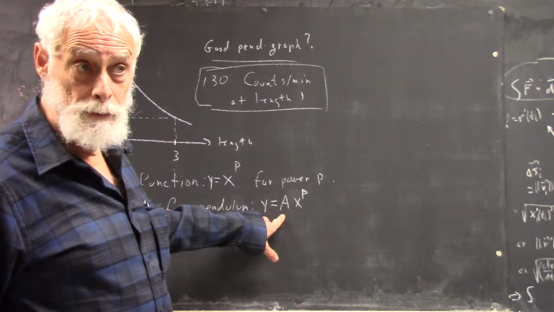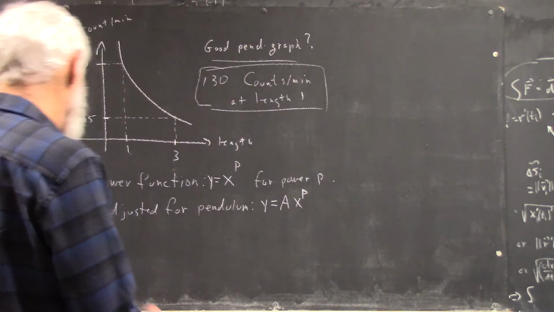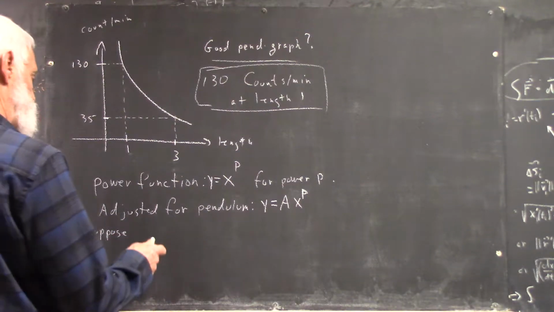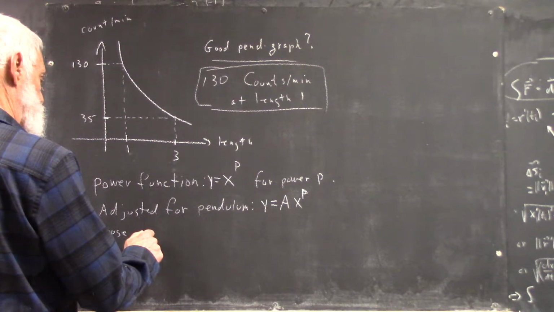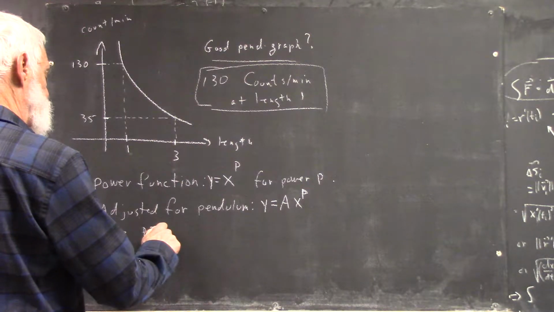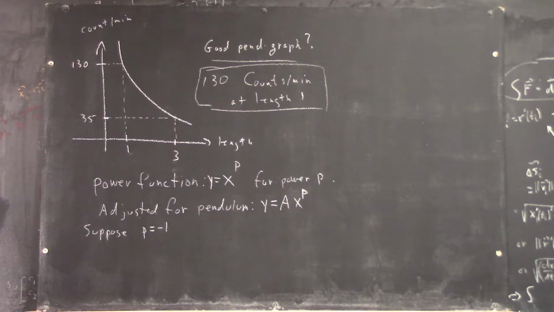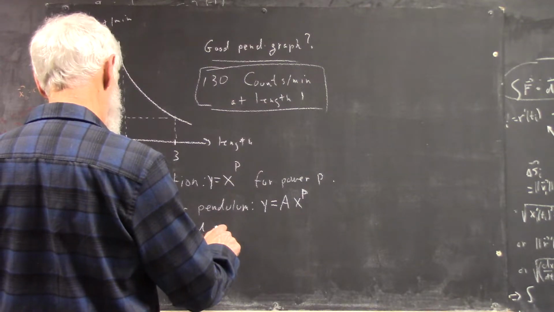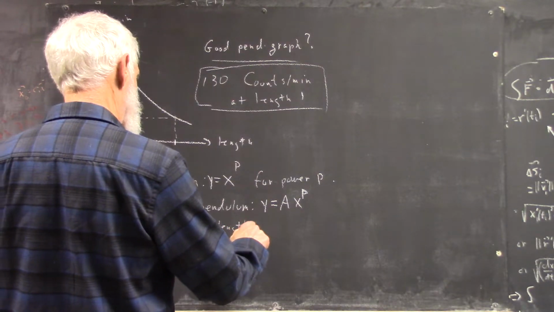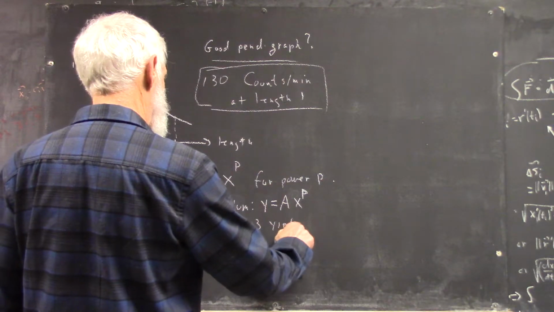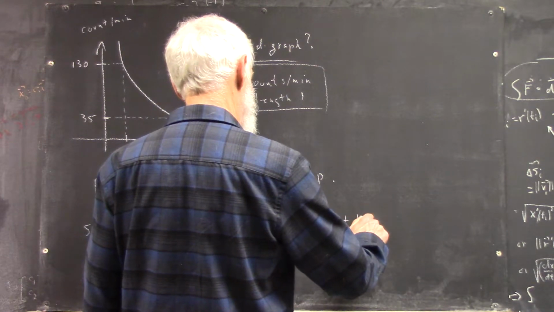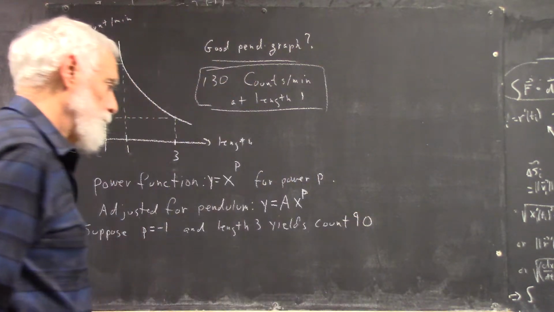So one thing I had you do was I said, okay, suppose p equals -1 and let's say length 3 gives you a count of 90.